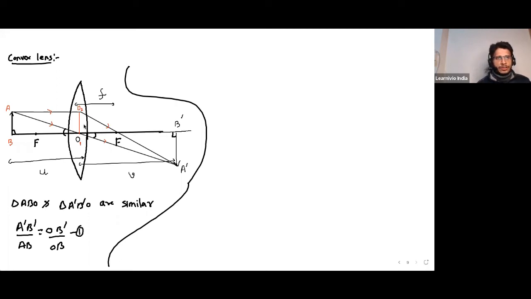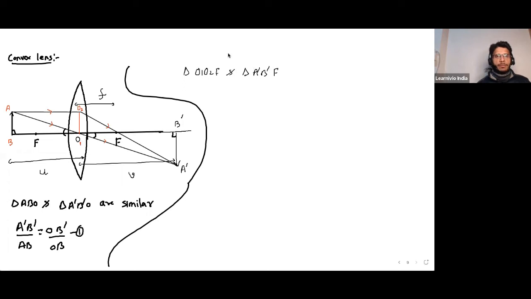Now, if you see, triangle O1 O2 F and triangle A prime B prime F are similar triangles.